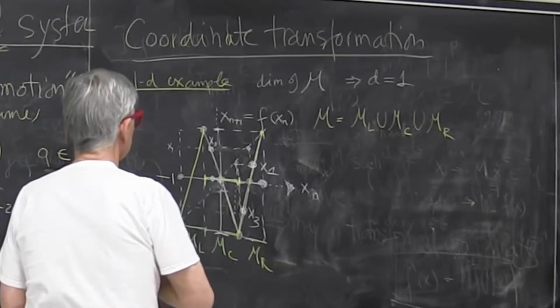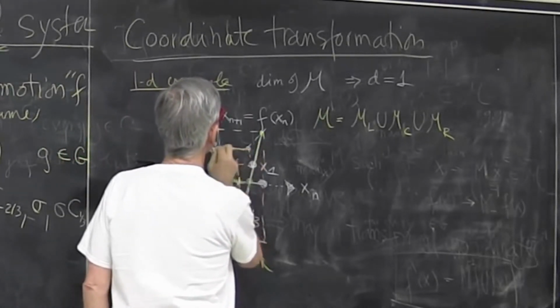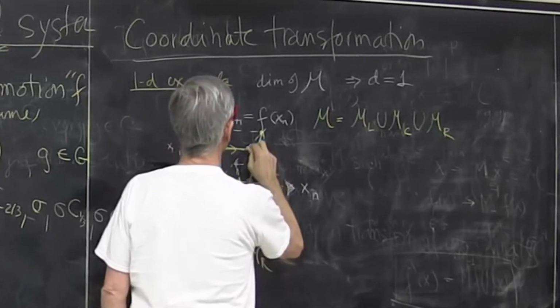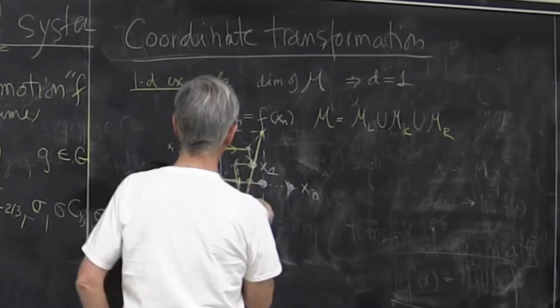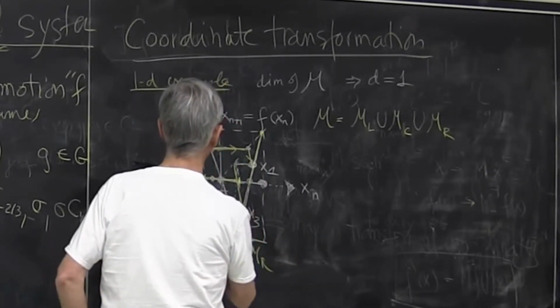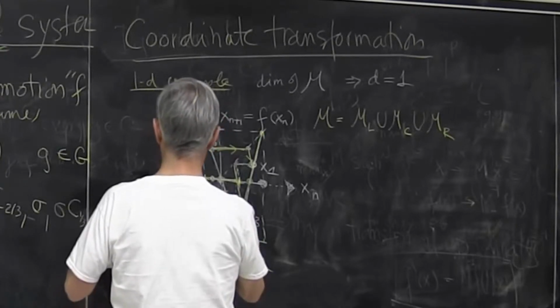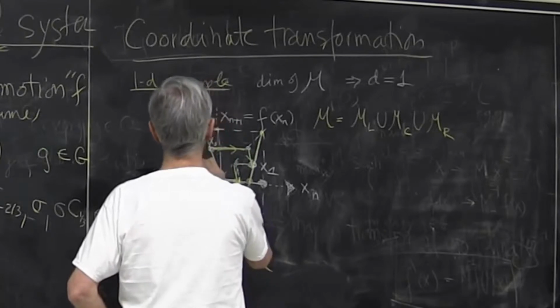So, I've just drawn one solution of the system. You go from here, you go to there, you go to there, and this was 2, and you end up there.